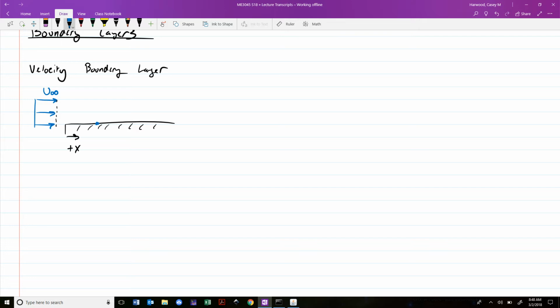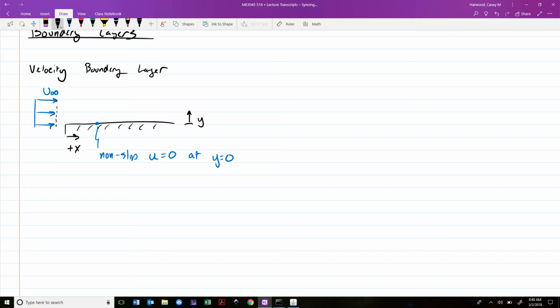Right, its velocity is going to be arrested by this non-slip boundary condition. So you're going to have u equals 0 at y equals 0, where y is defined away from the plate. So the fluid is being slowed down to 0 at the plate.